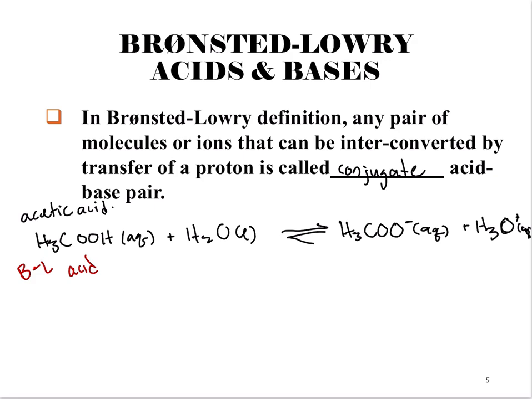But if we were to flip the equation around, this would act as a Bronsted-Lowry base. And so acetic acid is the Bronsted-Lowry acid, and the acetate ion here, this is called acetate, is going to be the conjugate base.